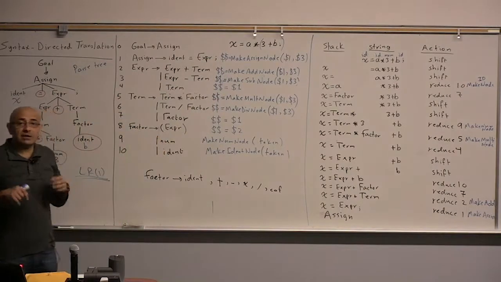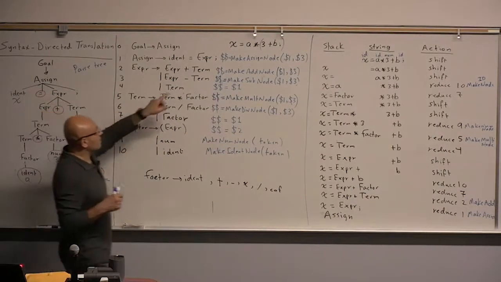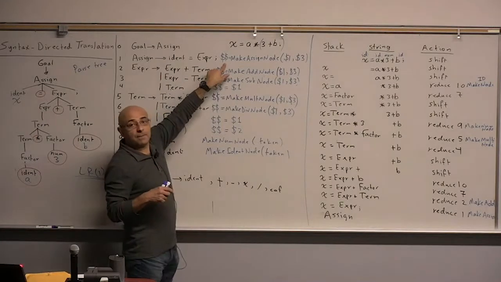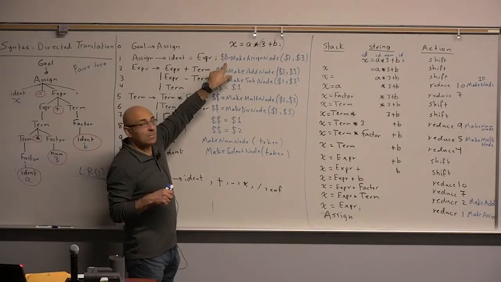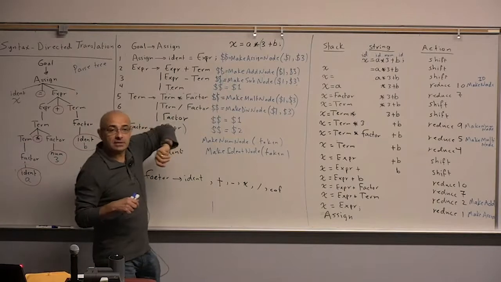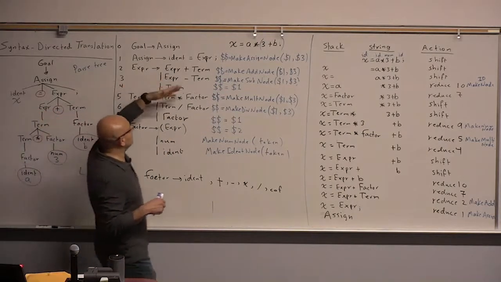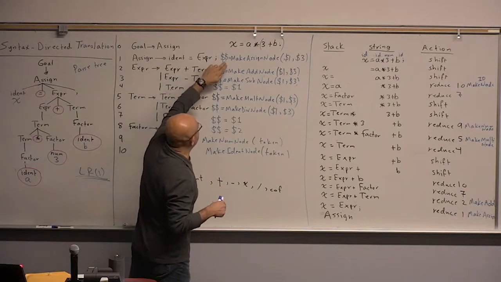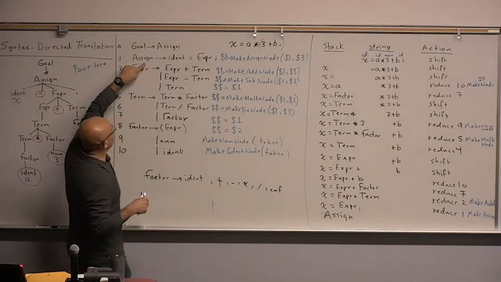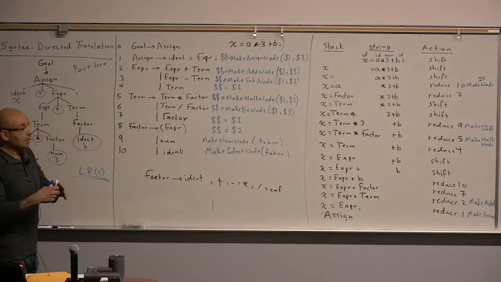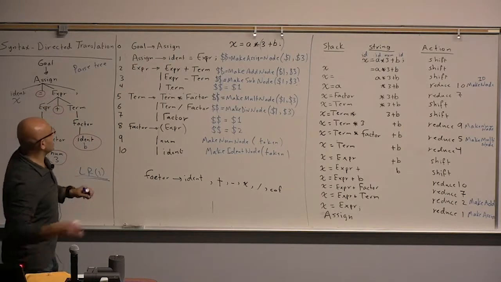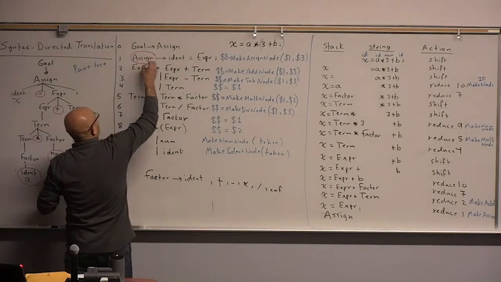In this $ sign notation, what does the $ sign stand for? Well, it stands for the current value, which is the value of the left-hand side of the rule. So $$ is always associated with the symbol on the left-hand side.